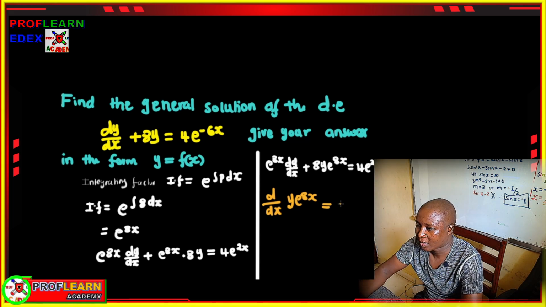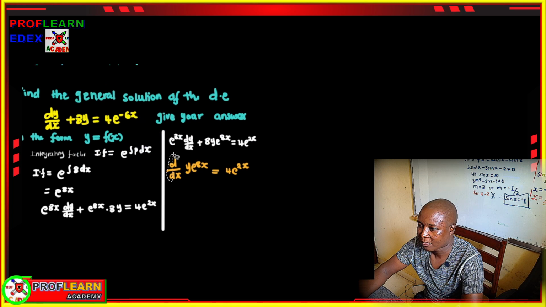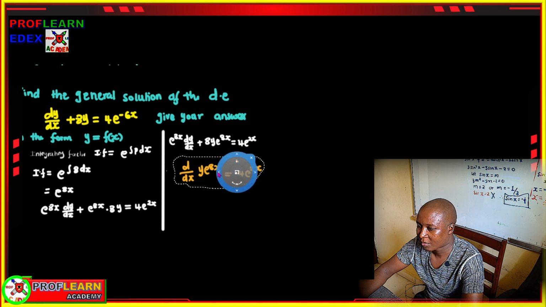So in this part also, if we integrate both sides, the differentiation of dx disappears.